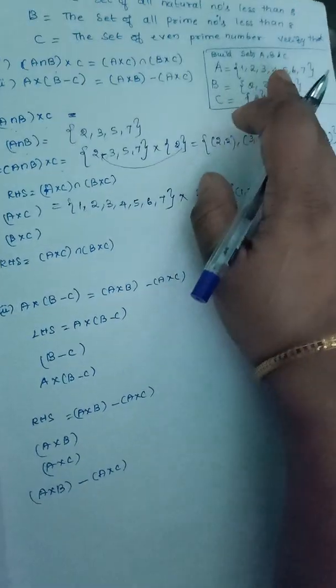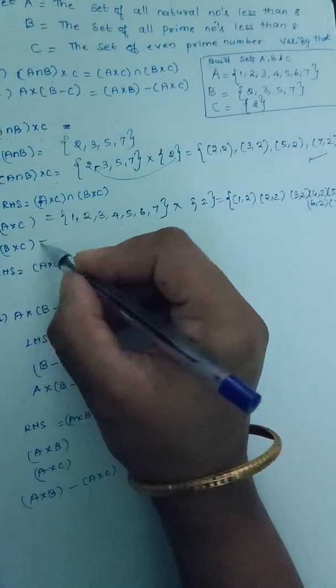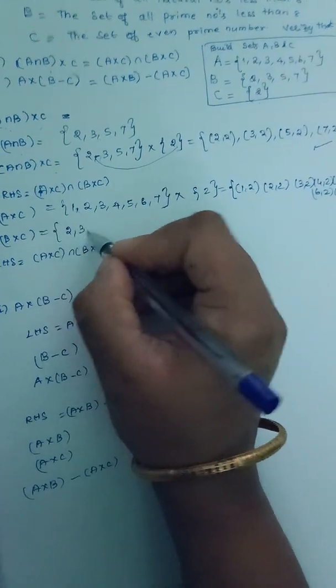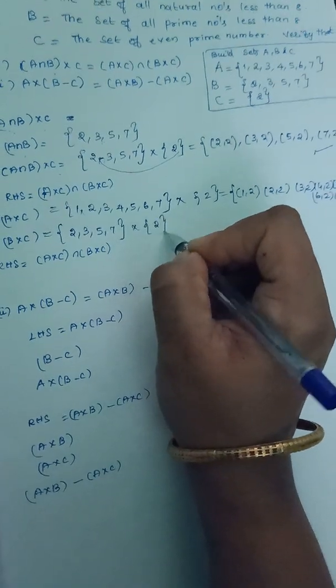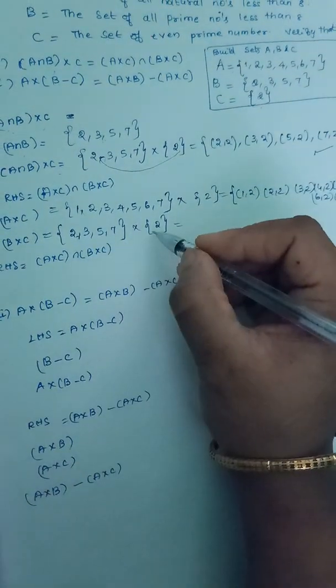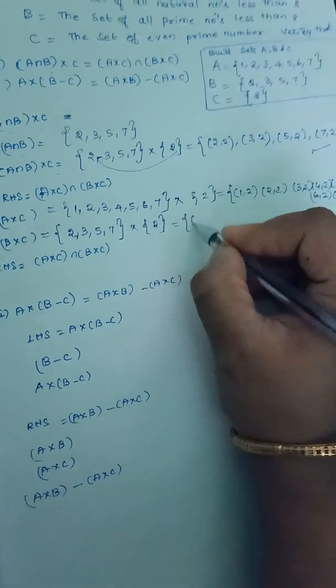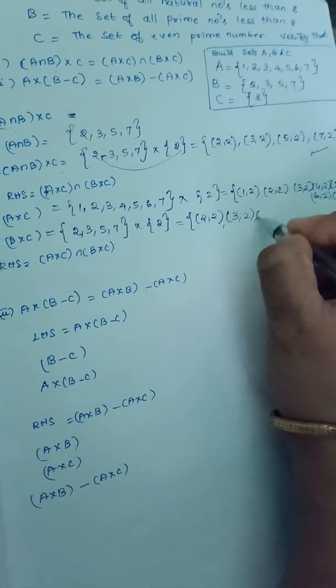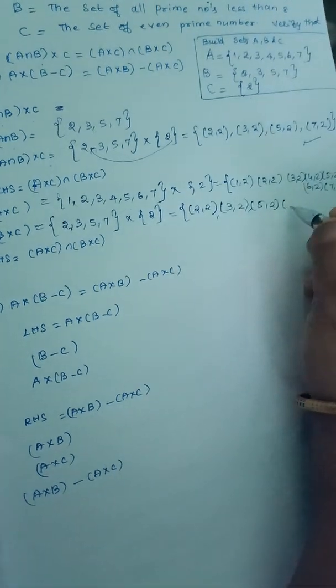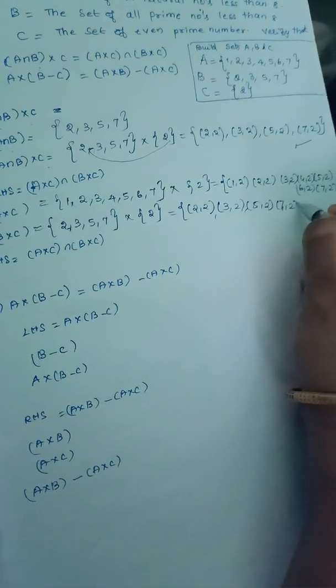Next B cross C. B is 2, 3, 5, 7 cross 2. Every element should be cross product with 2. So what will come? (2, 2), (3, 2), (5, 2) and (7, 2).